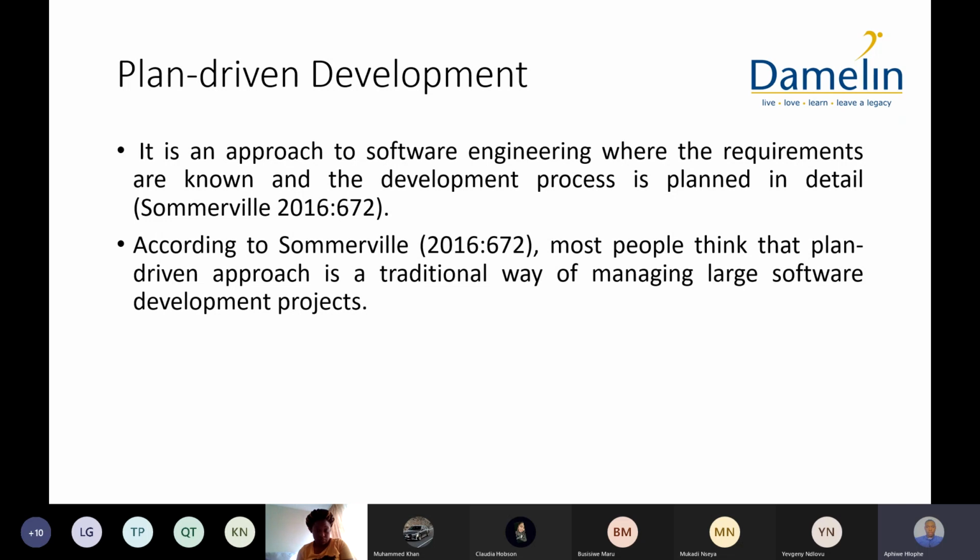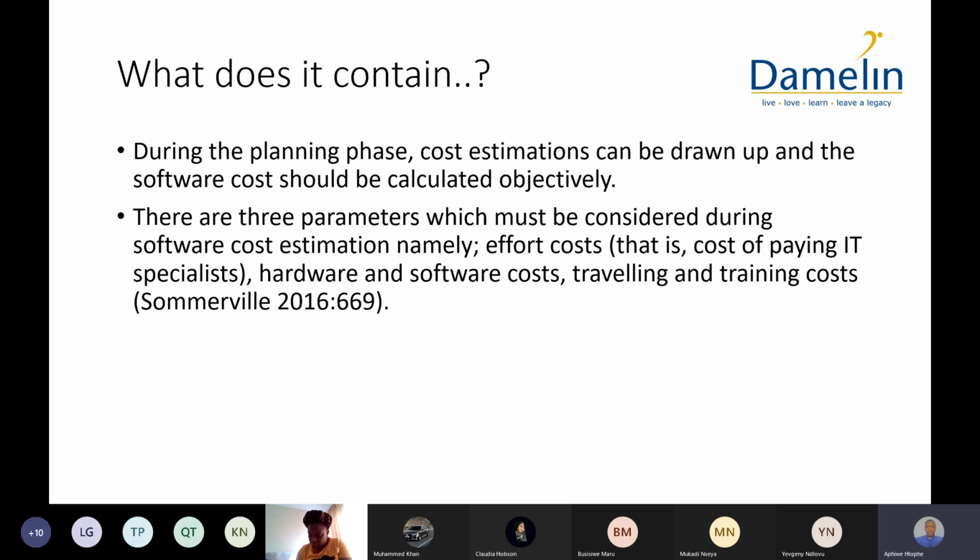But with large projects, we understand that we're leaving room for error and there's going to be errors along the way. So we don't focus a lot on the documentation side of things. So most people tend to think of it that way. The traditional way of managing large projects is just to do a lot of planning and documentation.